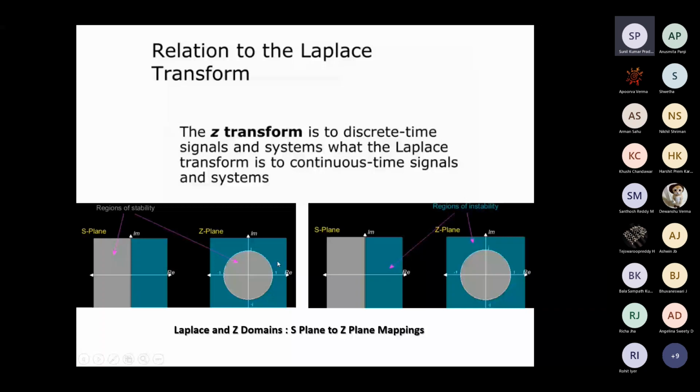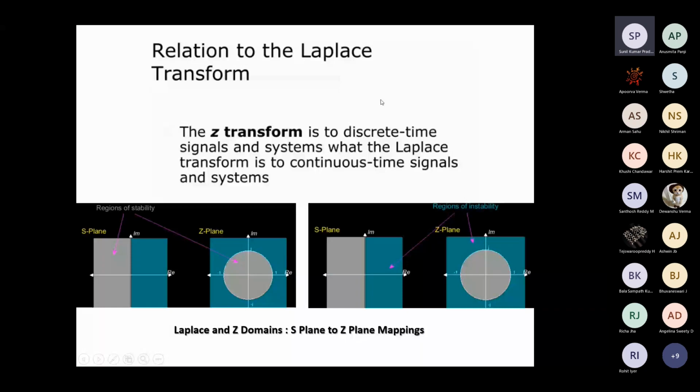That is the region of stability, the gray region you see here. Whereas the right half of the S plane and the outside of the unit circle give rise to the region of instability, the blue region you can see here.